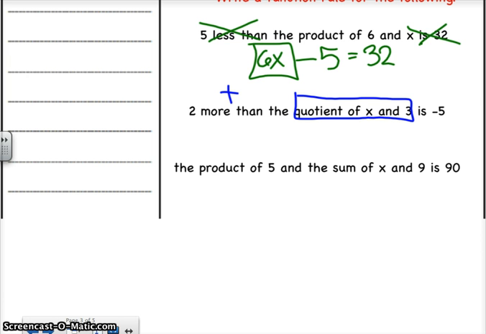How do we represent division? Fraction bar. So I say the quotient of x and 3 plus 2, because 2 more than it, is negative 5. And then you're going to be asked to write it and then solve it. So to solve it, I would subtract 2 and then multiply by 3. Here I would add 5 and then divide by 6.